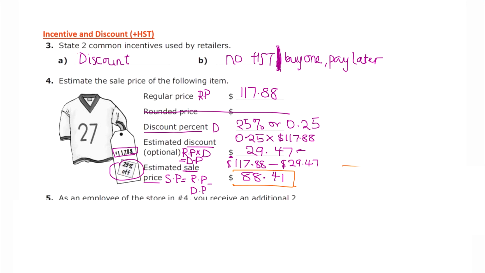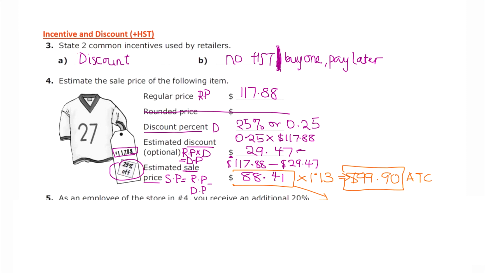Now if you want to include the HST, you multiply this number by what? By the HST, 1.13, and this here will give you the after tax price for this particular cloth. And once you punch it into your calculator, in here I'm going to pay $99.90.